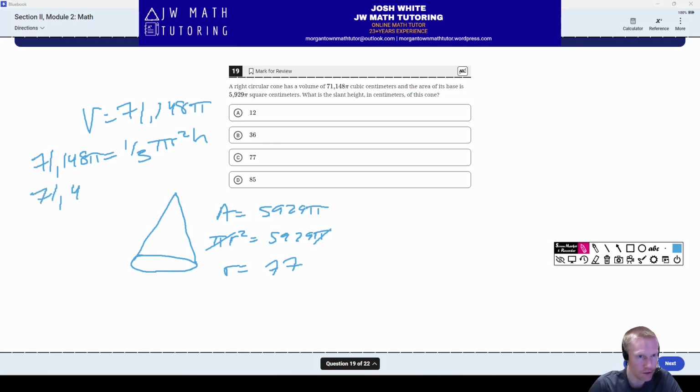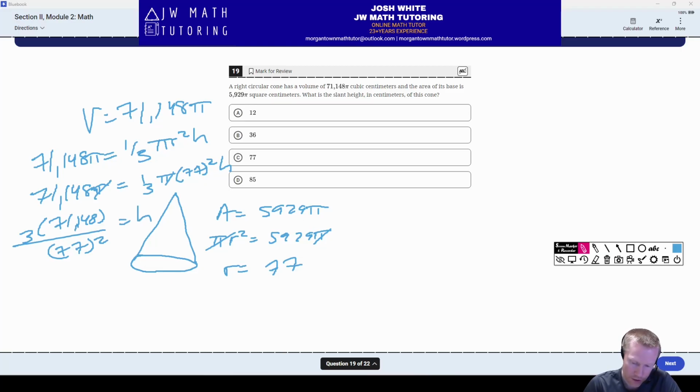So we got 71,148 pi equals 1/3 pi 77 squared times the height. So now to solve for the height, you're going to have to multiply this by 3. The pi's will cancel out. And then you're going to divide by 77 squared.